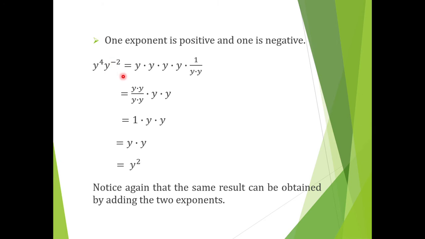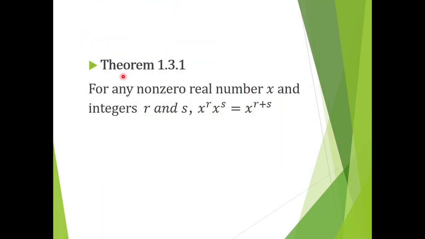Next, for any non-zero real number x and integers r and s, x raised to r times x raised to s, same base, you just add the exponents, which is x raised to r plus s.